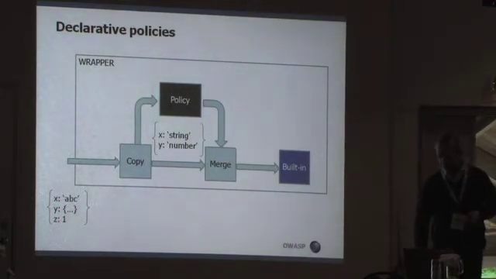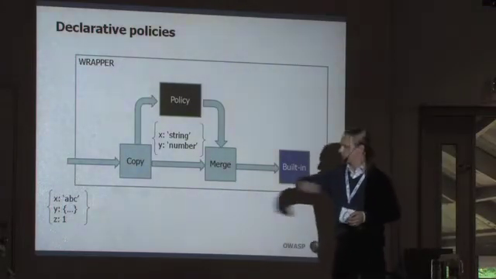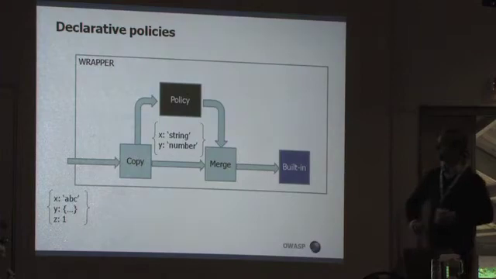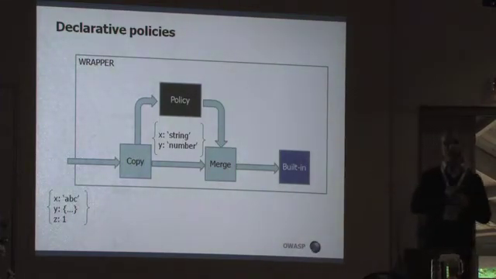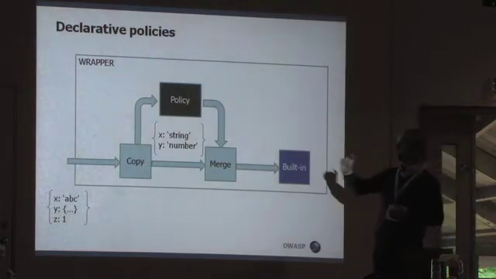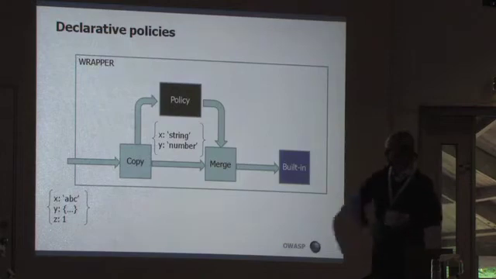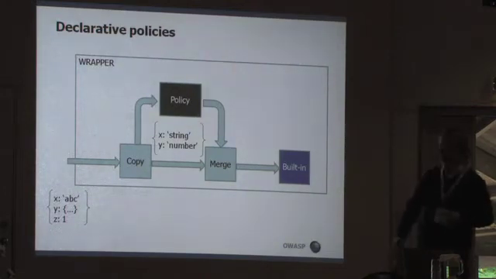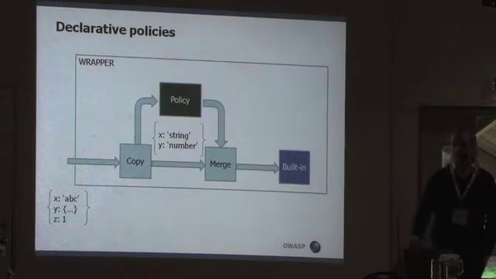We have some input which contains 3 fields, X, Y, and Z. The policy has said that we're going to inspect X and Y, and we expect X to be a string and Y to be a number. But in the actual input, Y is an object of some kind, something that could be stateful and could prevent the policy from working correctly.